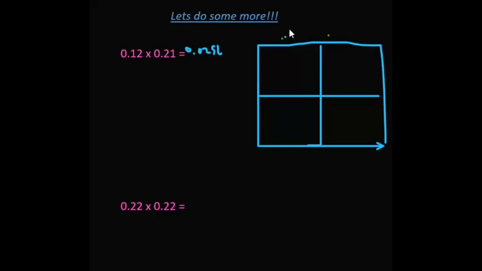So 0.2 and then 0.02, 0.2, 0.02. Okay. Now 0.2 times 0.2 equals 0.4. So 0.4, 0.02 times 0.02 equals 0.04, 0.04, and then 0.02 times 0.2 equals.